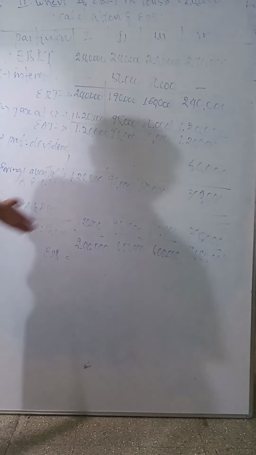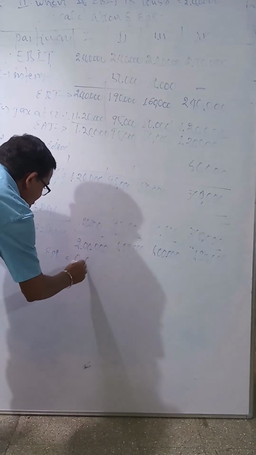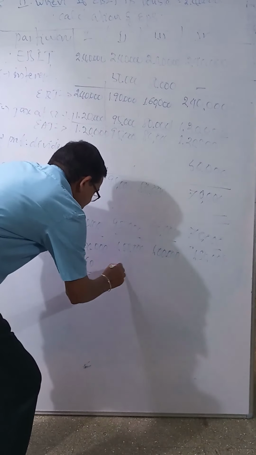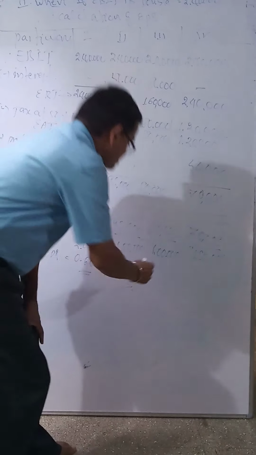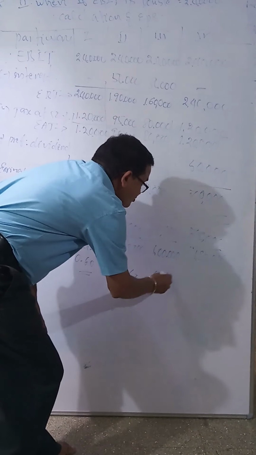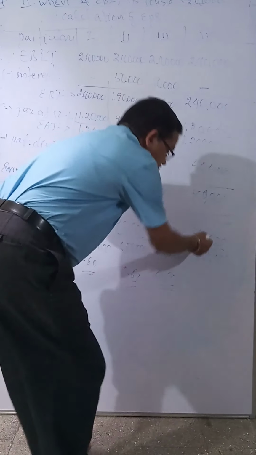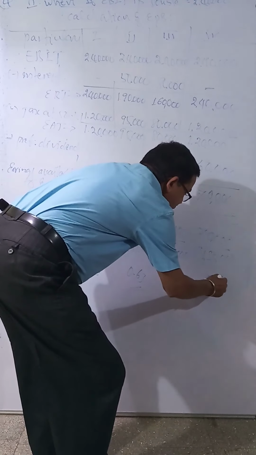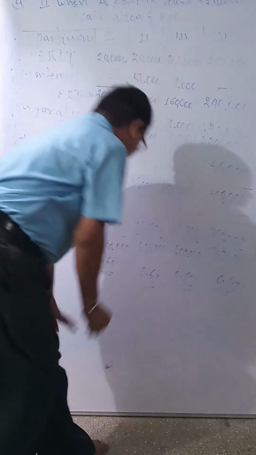Now divide, and you will get EPS. This divided by this is 0.60, which means 60 paise. This divided by this is 0.63. This divided by this is 0.80. This divided by this is 0.47. This is called EPS. Understand?